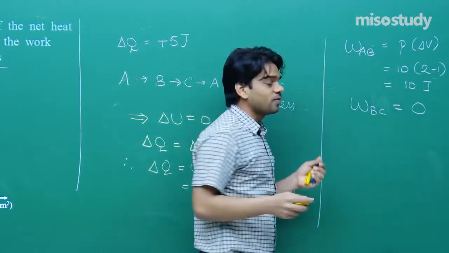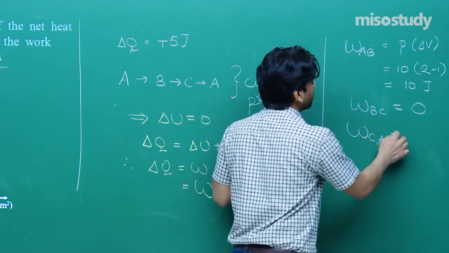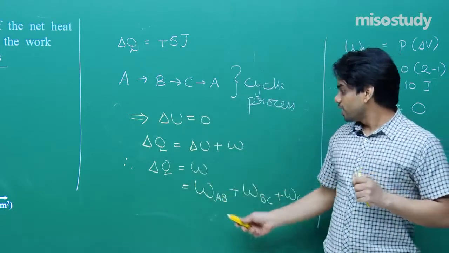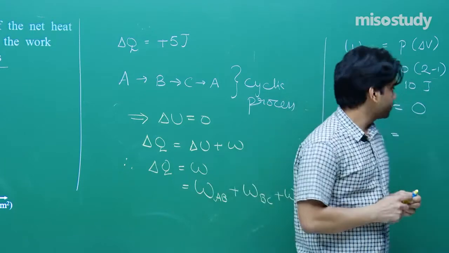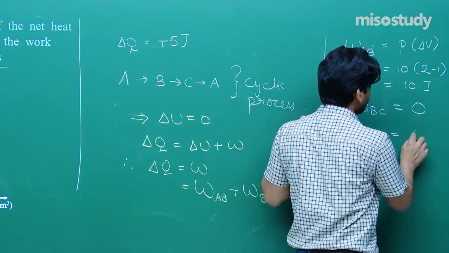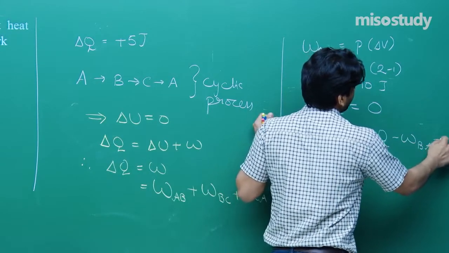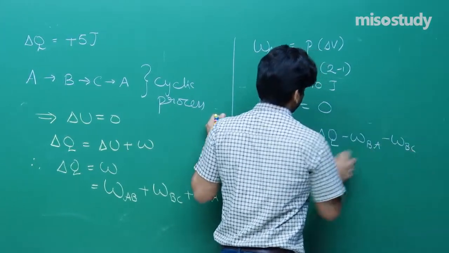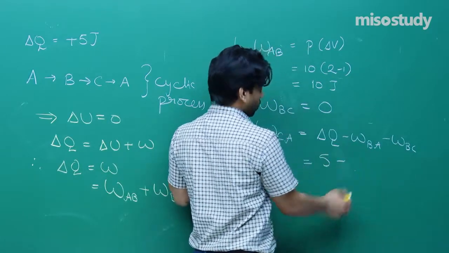We need to find the value for C to A. So from the first equation, work done during C to A will come out to be delta Q minus WAB minus WBC. Delta Q is given as 5, so this comes out to be 5 minus work done.